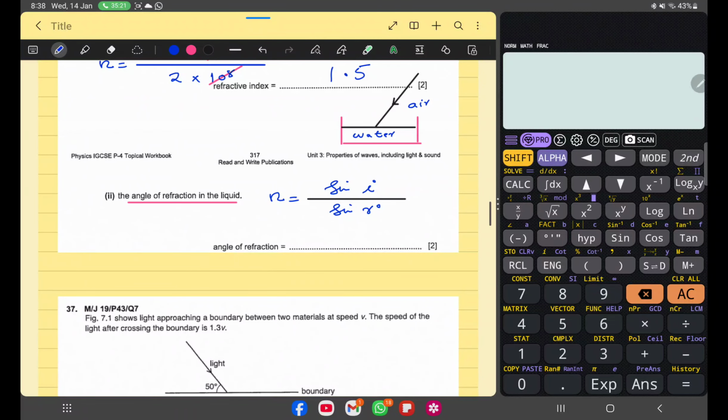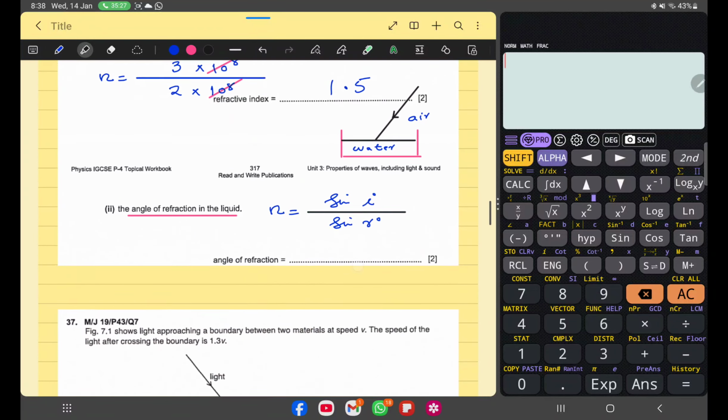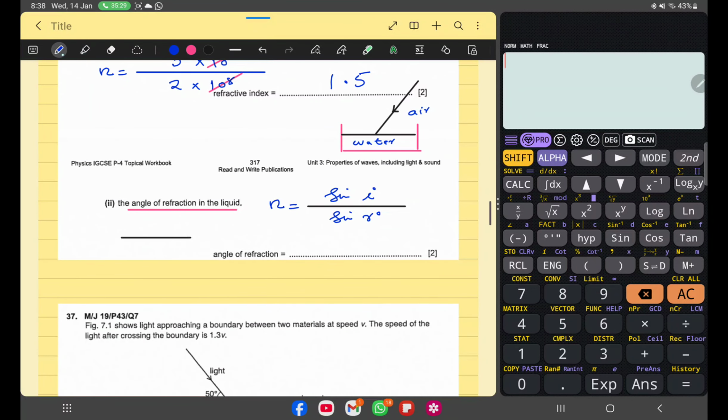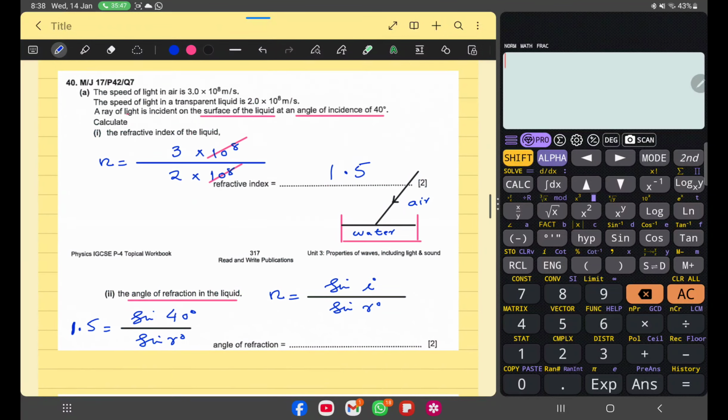Sine I is given, 40 degrees. Sine R you have to calculate, and the refractive index is 1.5. Again, it is the same kind of calculation, which we are not solving.